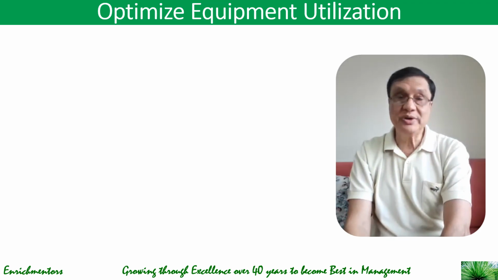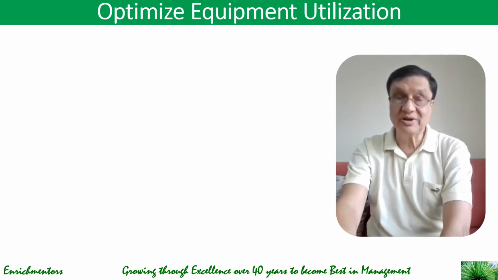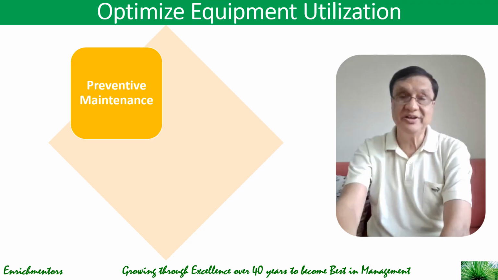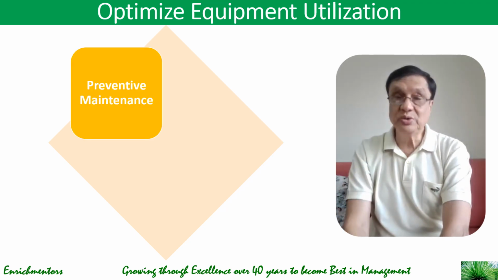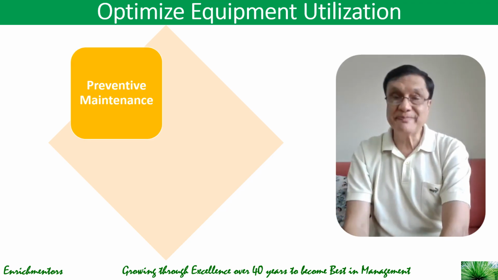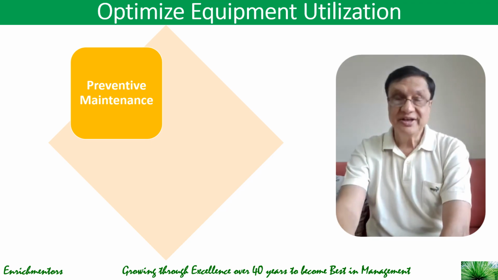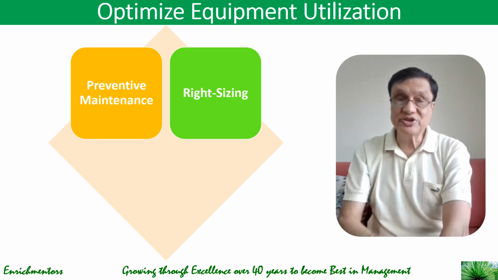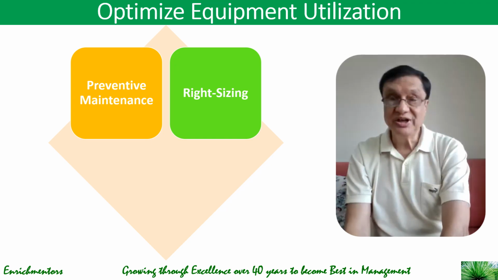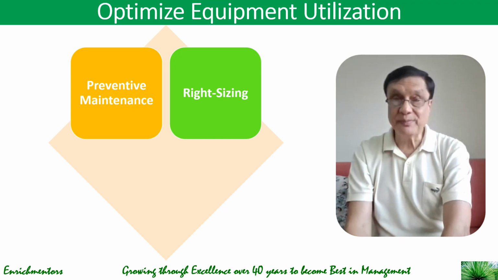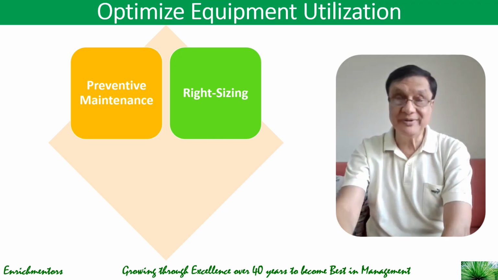Then let's take a look at optimizing equipment utilization. What are the things you can do to optimize equipment utilization? The first is preventive maintenance, where you schedule regular maintenance to avoid unexpected breakdowns and costly repairs. Then right sizing: use equipment suited to the scale of the task to ensure efficiency, such as an appropriate crane size for load requirements.